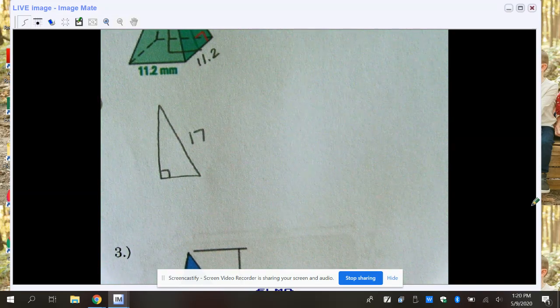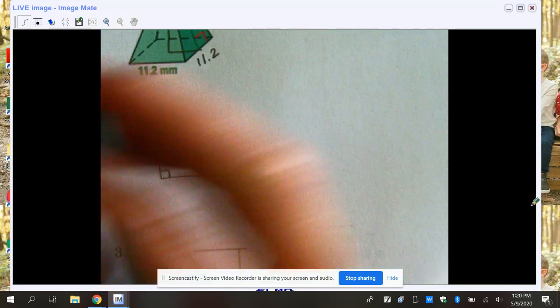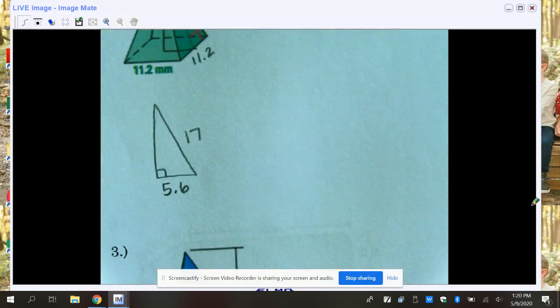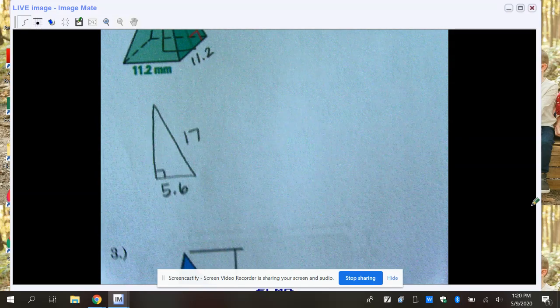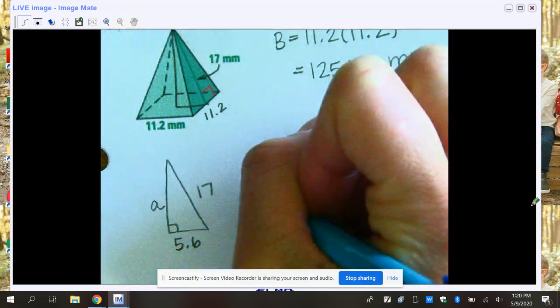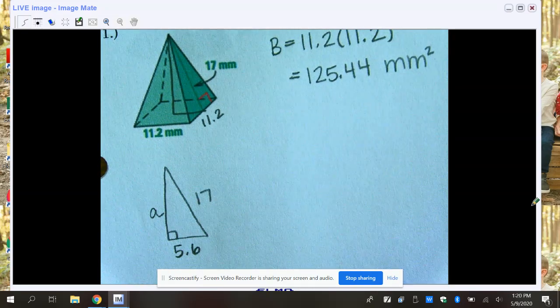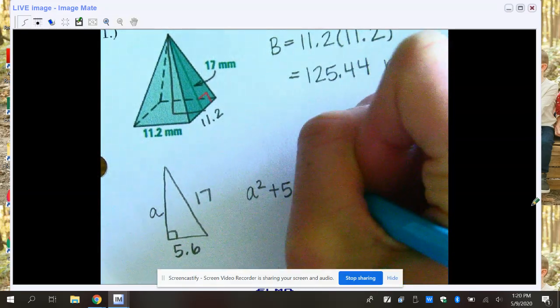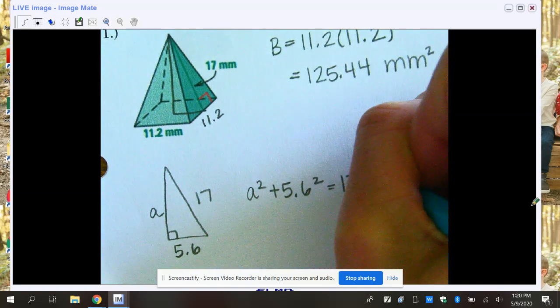So 11.2 divided by 2 is 5.6. And so when I go to find this side, I'm going to use, again, the Pythagorean theorem. Sorry, this work is kind of all over the place. So a squared plus b squared equals c squared.